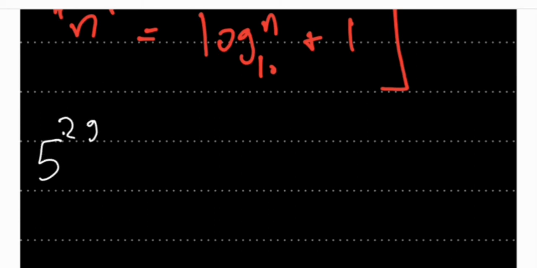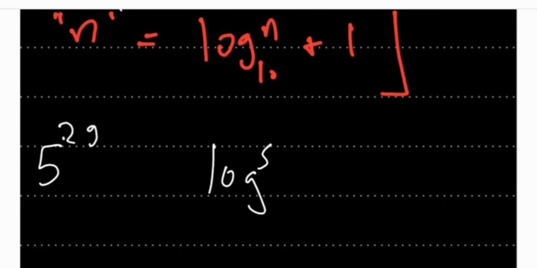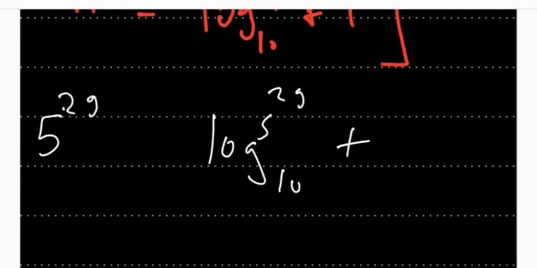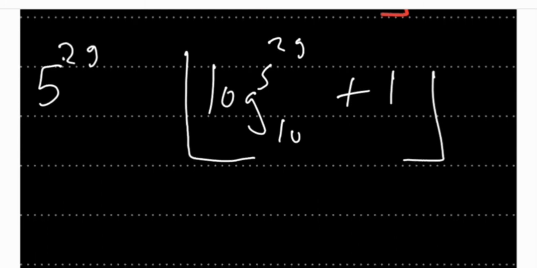5 to the 29. So if we want to know the number of integers, we can do log of 5 to the 29 in the base of 10 plus 1. And remember, we are going to take the floor function, like we are going to take the approximation downwards, to the natural number that came before it.